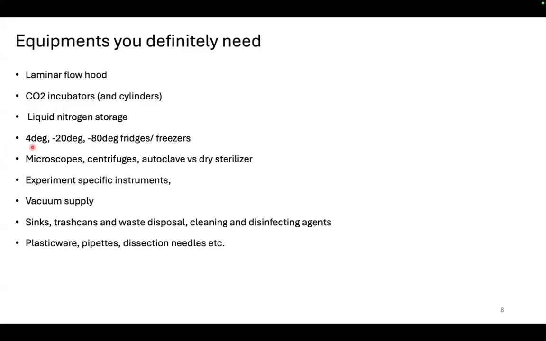A lot of these things that you would need probably once a month, you might want to keep at minus 20 degrees. Your DNA can be kept at minus 20. DNA is okay at 4 degrees also for some time. RNA, you would definitely prefer to keep at minus 80 because it's really, really susceptible to being spoiled.